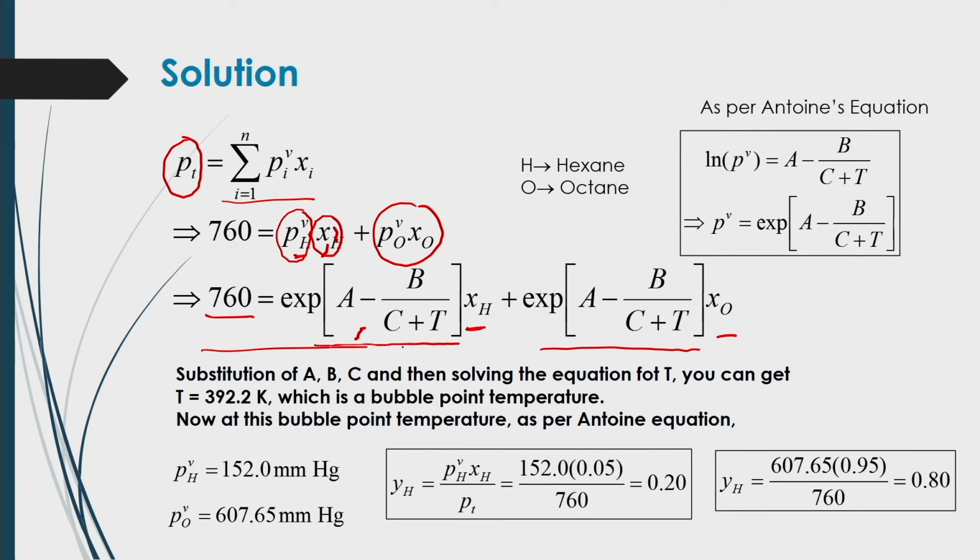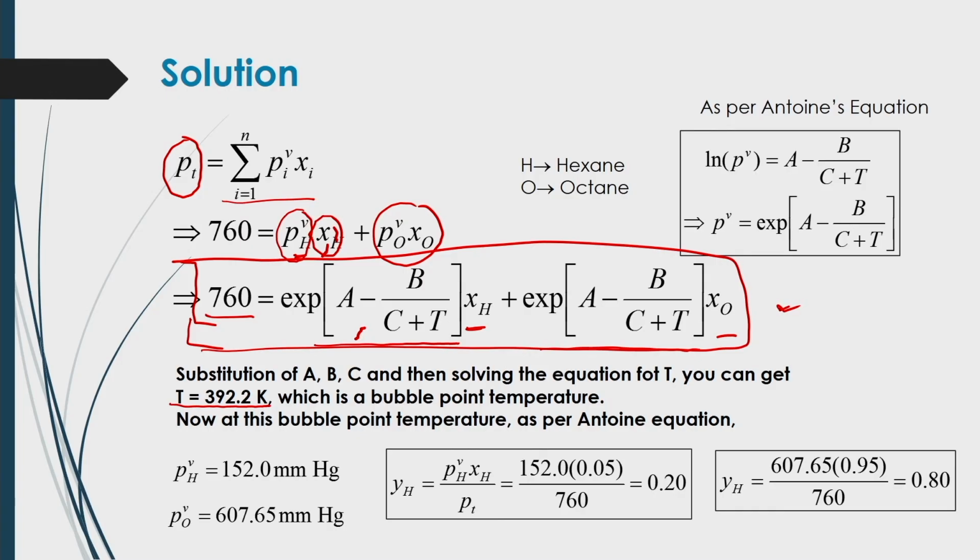You can simply express it by this equation based on total pressure and vapor pressure. Now, substituting A, B and C and solving the equation for T, you get T equal to 392.2 Kelvin, which is the bubble point temperature. So, from this equation you can easily calculate the bubble point temperature.